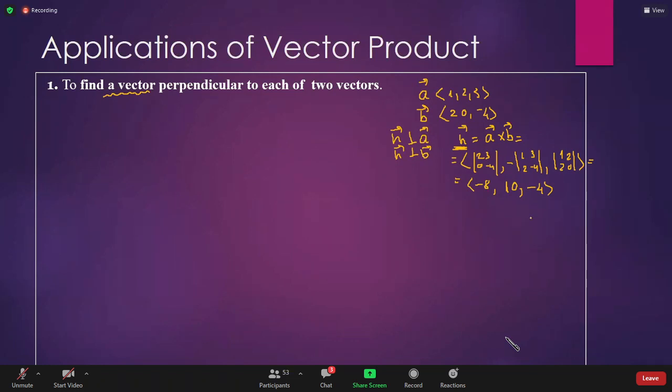On another note, we might say that we found this vector C as the vector product. But if this unknown vector N has coordinates x, y, z that we do not know, then for perpendicularity I need the dot product N times A to be 0 and N dot product B to be 0.